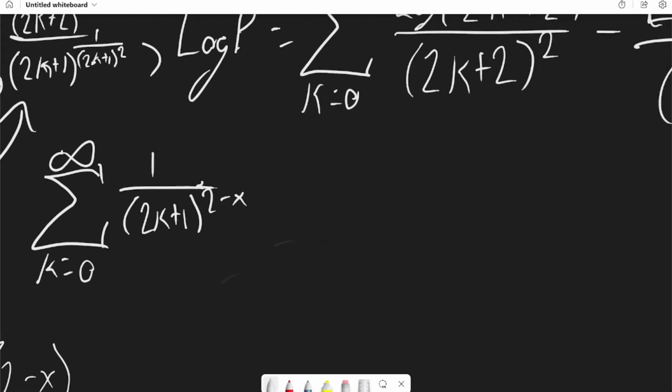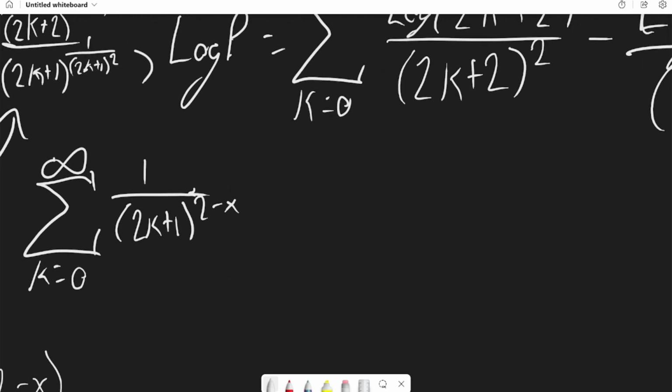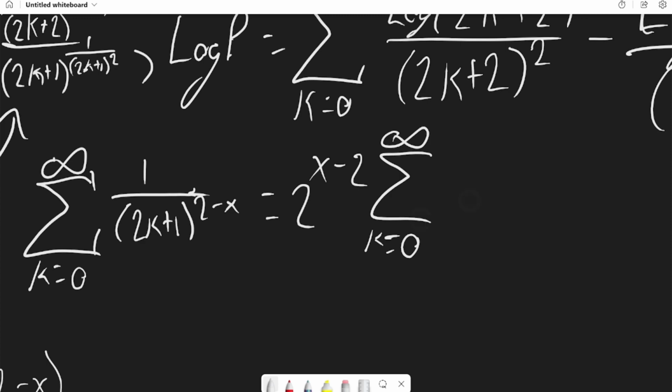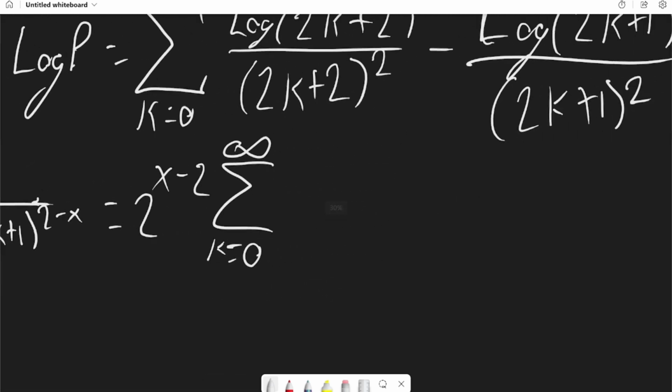And now we're going to, once again, factor out a 2 from the denominator, and then we get 2 to the x minus 2 times the sum, k equals 0 to infinity, of 1 over (k plus 1/2) to the 2 minus x.